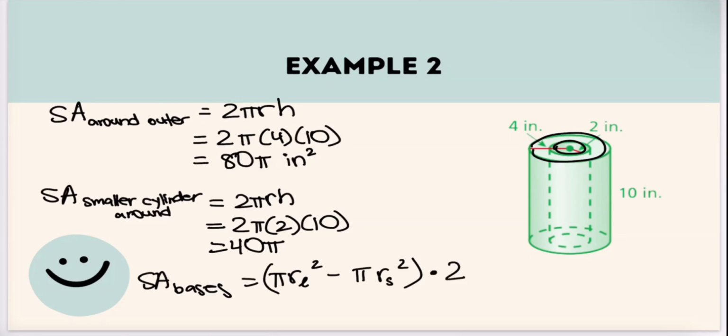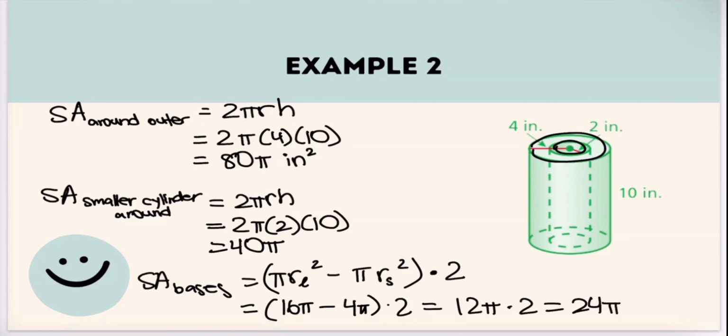We're doing it for the top and for the bottom. So that's going to be pi 16 pi here, because 4 squared is 16. 2 squared is 4, so minus 4 pi, and then times 2. That's going to be equal to 12 pi times 2, which is 24 pi square inches.